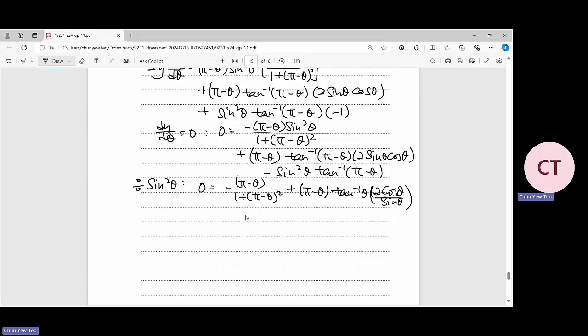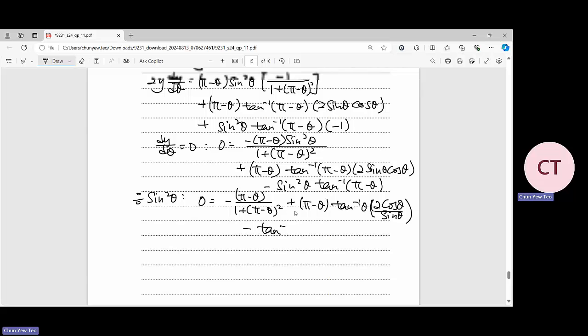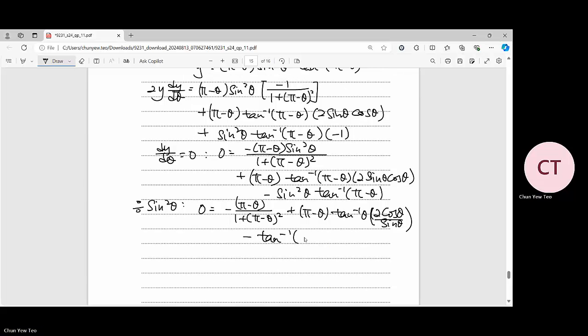Then this one divided by sine squared, you get negative arctangent of (pi minus theta). Oops, careless again. This one is okay, we directly write cotangent theta. Okay, so this will be the expression.